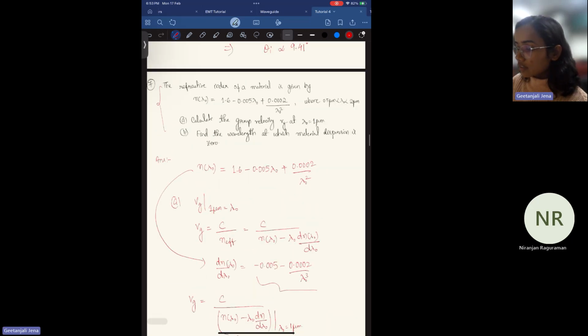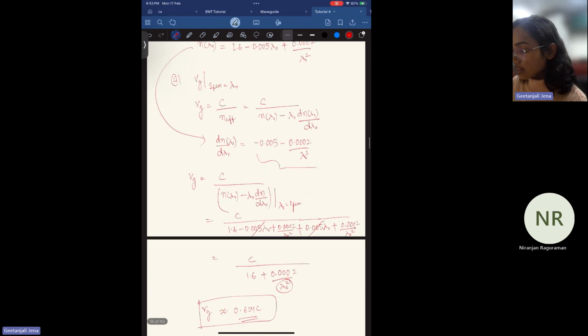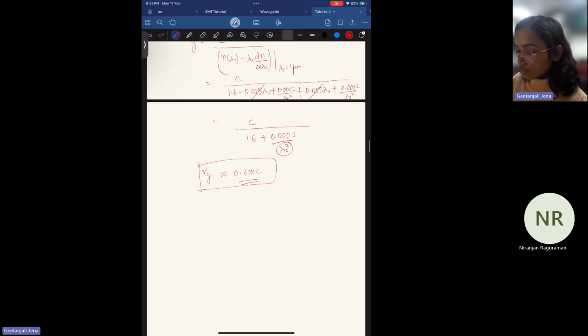Now for the next part, we need the wavelength at which we will get a material dispersion of 0 value. So that means we need d square n over d lambda 0 square. Material dispersion is 0 when d square n over d lambda square is 0.